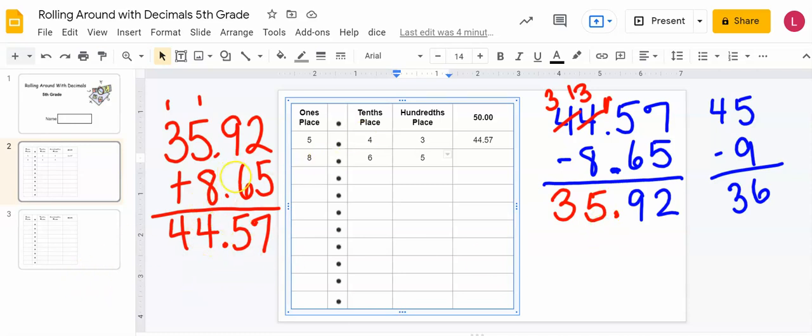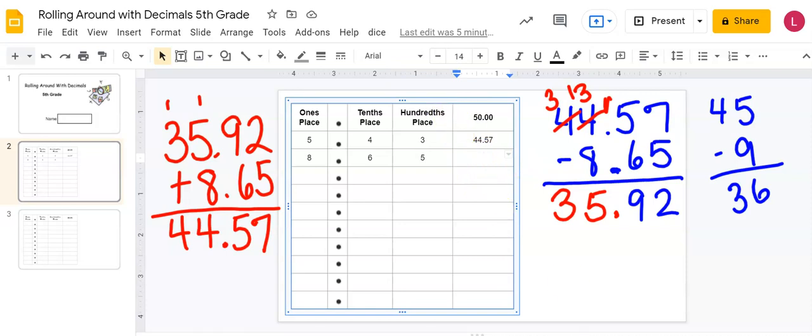So I know if 44 and 57 hundredths minus 8 and 65 hundredths is 35 and 92 hundredths, then if I add 35 and 92 hundredths to 8 and 65 hundredths, I should get 44 and 57 hundredths, and I do. And so that's another way to prove your answer.